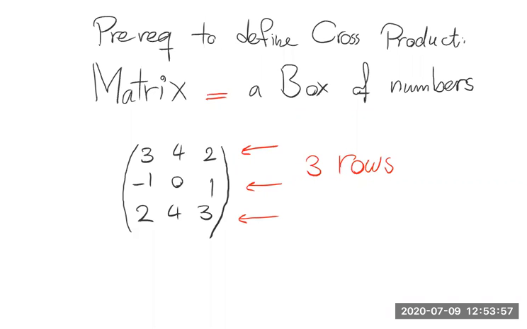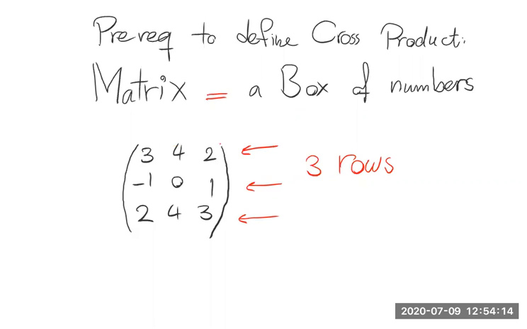The first row is 3, 4, 2. The second row is -1, 0, and 1. And the third row is 2, 4, and 3.